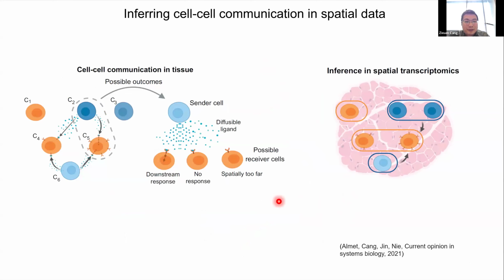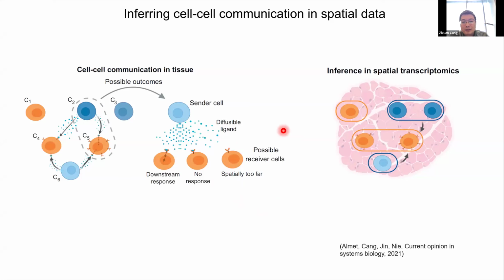Okay, so for the main topic today, I'm going to talk about one dominating mechanism of cell-cell communication, basically the cell-cell communication through diffusible ligand, where some cells will produce some proteins that are water-soluble that can diffuse in the tissue.